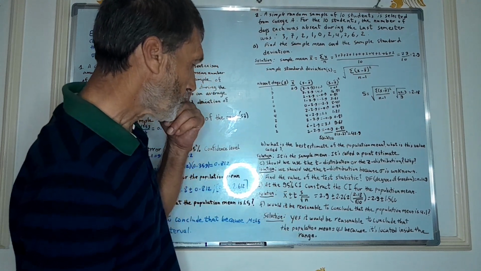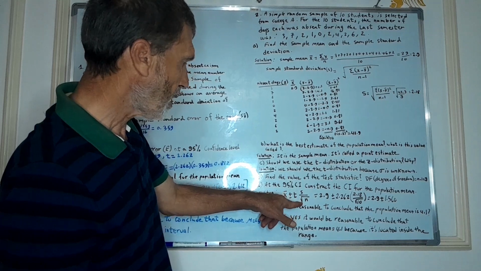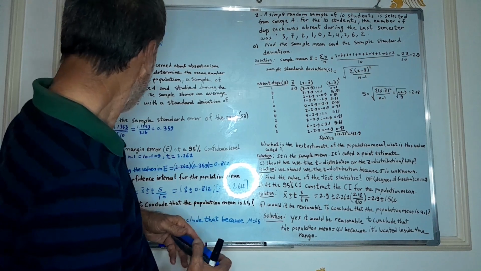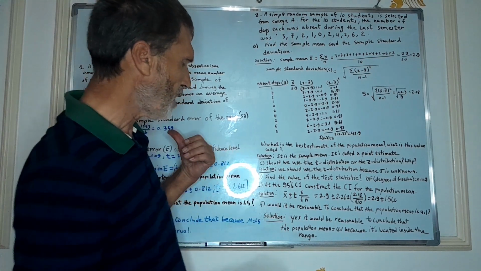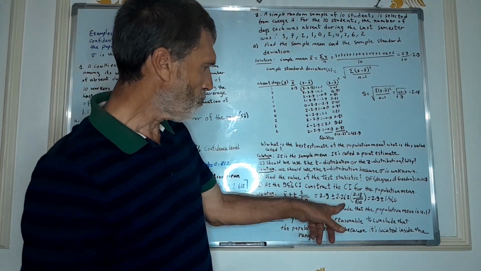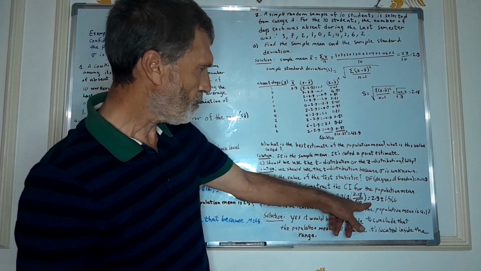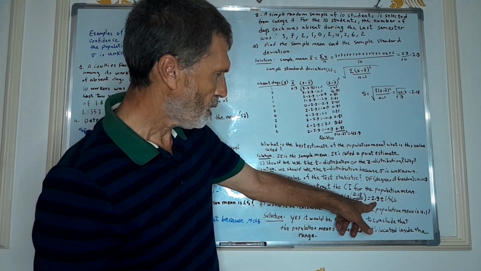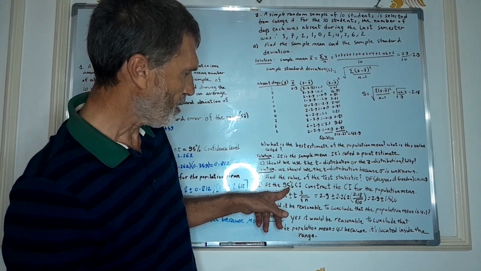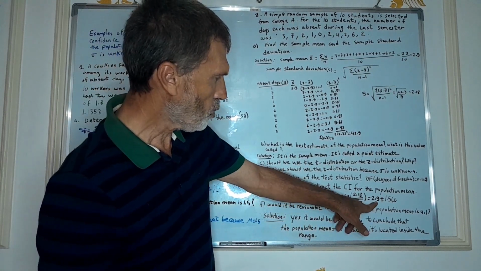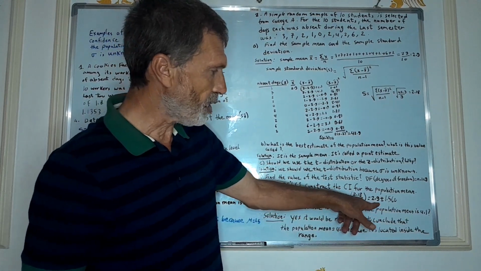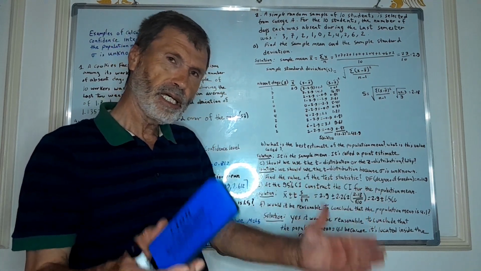Of course, here t times s over radical n is the margin of error that we have already calculated in the previous question. And we plug the numbers in, and we come up with the confidence interval at the 95% confidence level, which is going to be equal to 2.9 plus or minus 1.560. This is the range, or this is the interval.